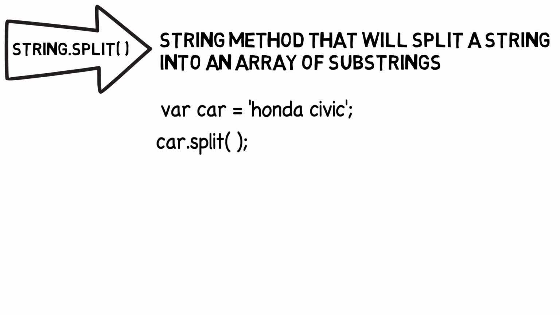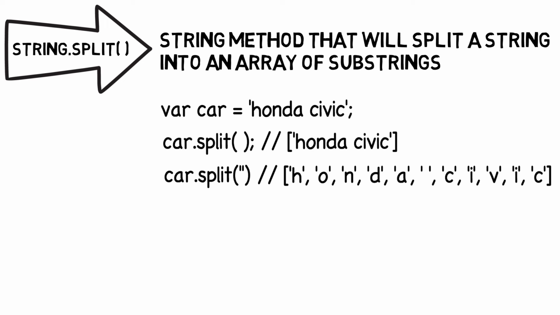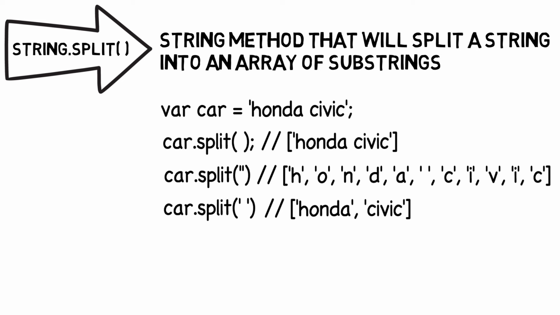When we attach our split method without an argument, we get an array with an element at index 0, the string Honda Civic. When we attach our split method with an argument of an empty string, we get an array that gives every character in the string a substring in the array, including the whitespace. If we attach our split method with an argument of a string with a space, we get an array with two elements, Honda and Civic.